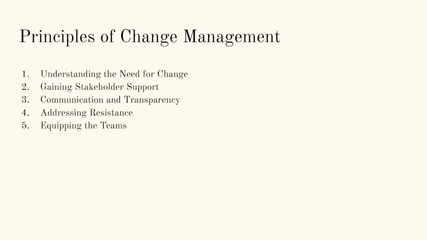And then next, communication and transparency. Effective communication acts as the wind in your sails. This is what keeps everyone informed about the change's purpose, the impact, and the progress. Transparency nurtures trust and keeps everybody united.